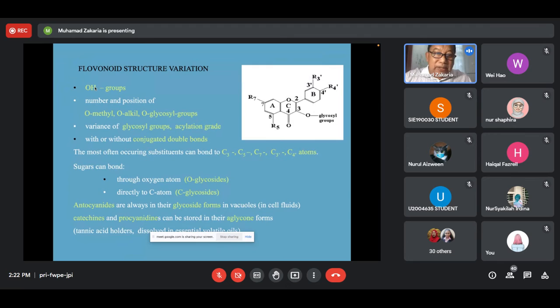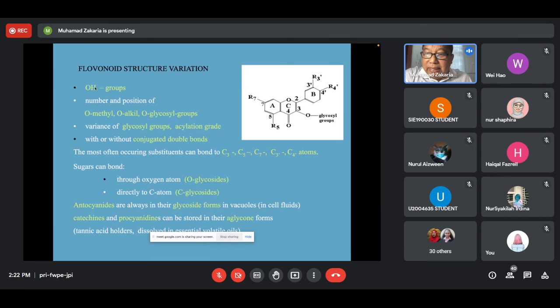So flavonoid structure variation, there are so many different variations, but I cannot move my cursor. So you can find positions 3', 4', 3, position 5', 5 and 7. These are places where they can be substituted for OH, OCH3, or any other, or glucose or carbohydrate.